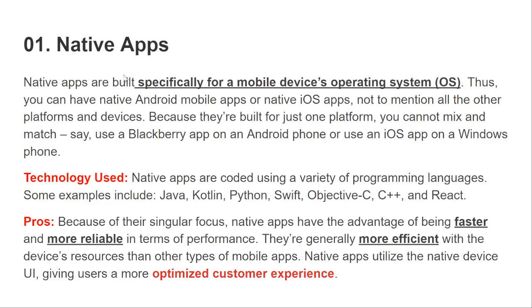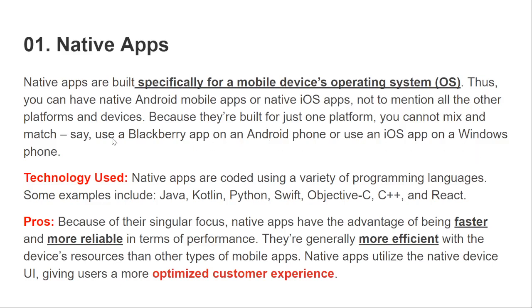First is the native app. Native apps are built specifically for the mobile device and for the specific operating system. Thus, you can have a native Android mobile app or a native iOS app, not to mention all the other devices, because they are built for one platform. You cannot mix and match, say use a BlackBerry app on an Android phone or use an iOS app on a Windows phone.